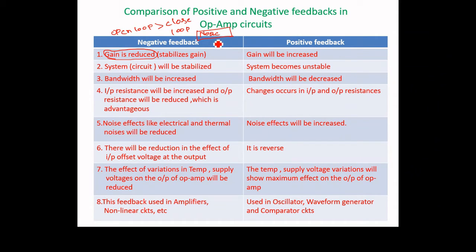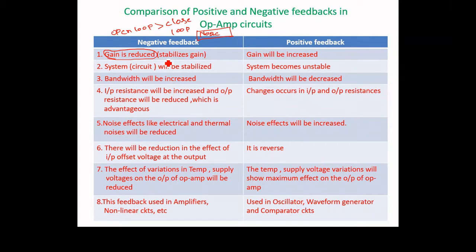If gain is very high, any sort of noise, disturbance or interference will get amplified. If it gets amplified, the stability of the circuit will degrade.